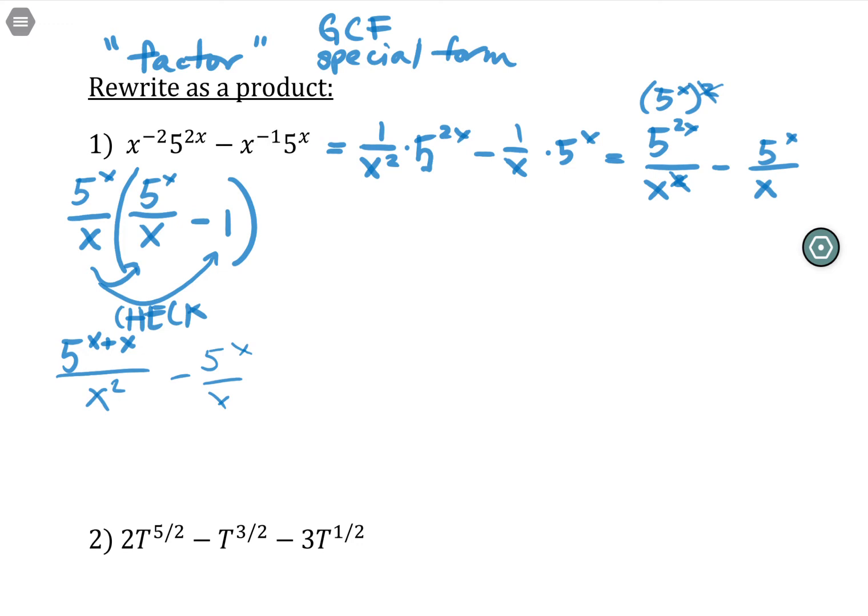So that really is a factored form. So I still think if you've got negative exponents, probably your easiest bet is to go ahead and do that. Another thing you could do, though, is to say, okay, well, I see that I have an x to the negative 1, and this is the same as an x to the negative 1 squared. So you could look at it that way as well and factor out an x to the negative 1. So lots of options, but there's one way to deal with it.